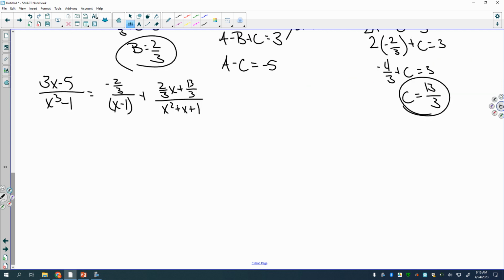We don't want fractions within fractions, no compound fractions. So what I will end up doing is multiplying the top and the bottom by 3, and getting this for an answer.